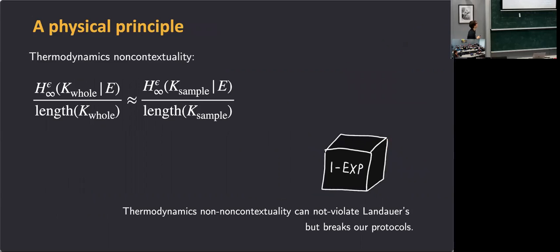It was nice to study this to think a bit about the physical principle. And one very interesting fact is that the security of these protocols relied on the fact that we could sample the min-entropy of a big state, meaning that the min-entropy on the small samples is representative of the min-entropy on the whole. This is true for classical information, and it's true for quantum information, but it doesn't have to be.